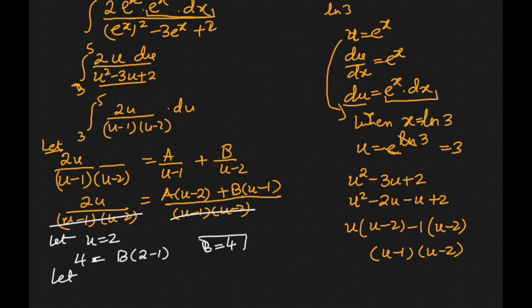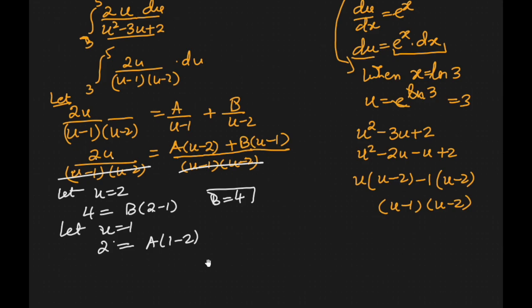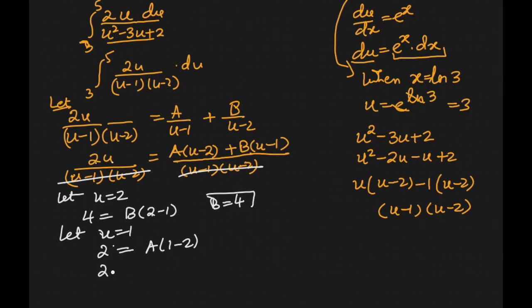To cancel this u minus 1, I'll assume u equal to 1. So 2 times 1, 2 is equal to A times 1 minus 2, and B becomes 0. So 2 is equal to minus A, so A is equal to minus 2.